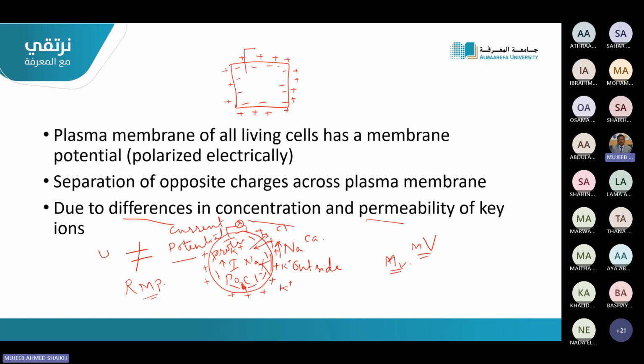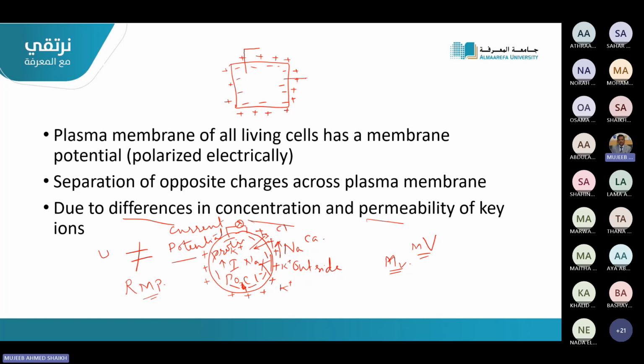If you put one electrode here and another electrode, maybe as it is showing the window, that's why.